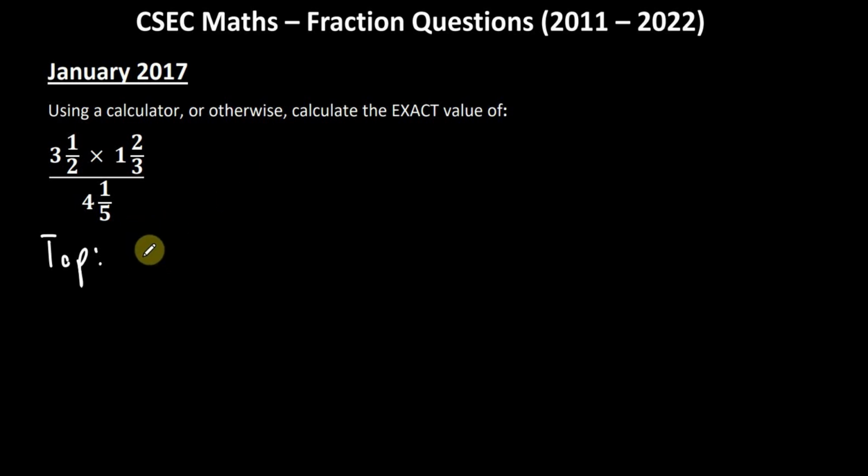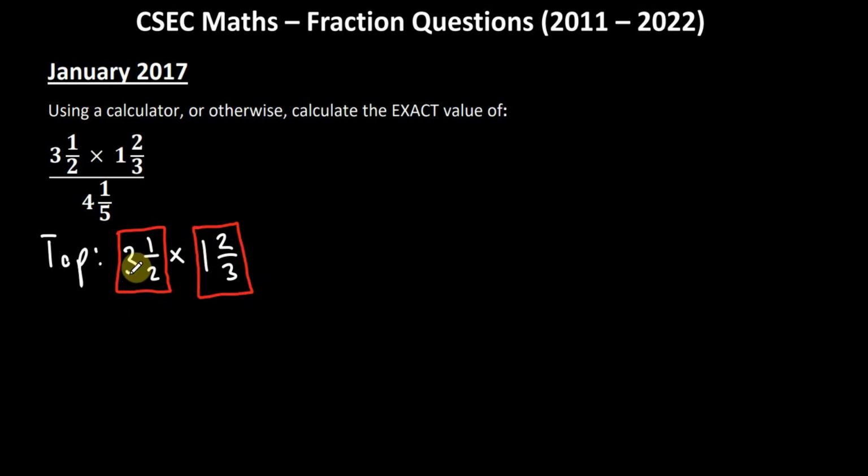All right. So in the top, we have 3/2 times 1 and 2/3. And what I'm going to do here, just like previous times, I'm going to convert the mixed fractions to improper fractions.